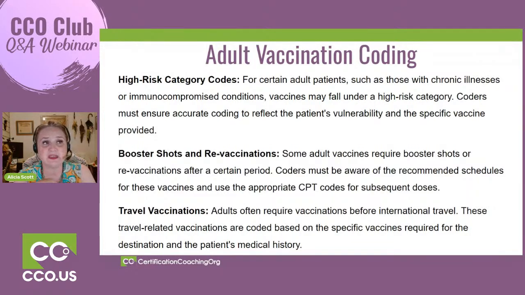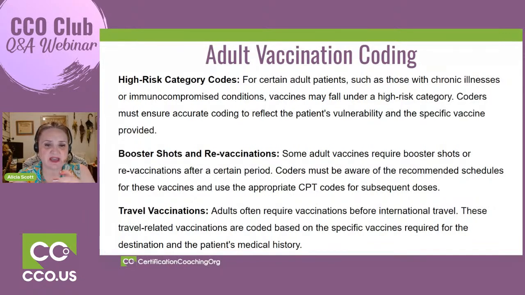Now, don't think that you're coming up with that information. It is documented for you. Just know that there are codes available to translate that properly and be aware that high risk category codes are in the code set specifically for these scenarios so that you don't miss that.